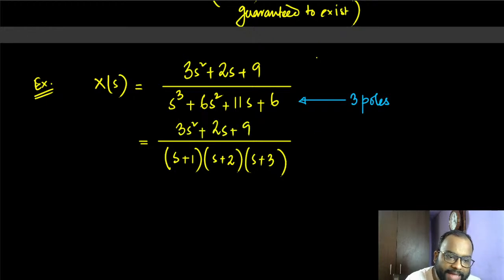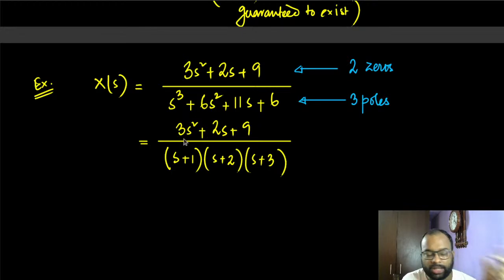But this has 2 zeros, because it's a second order polynomial in the numerator, which indicates that if I write it equal to 0, I would have 2 solutions. Those solutions give values for which I get 0 in the numerator, so that this entire thing is going to be 0. Those are called the zeros of a certain transfer function.